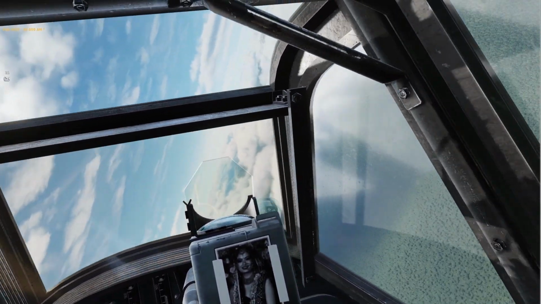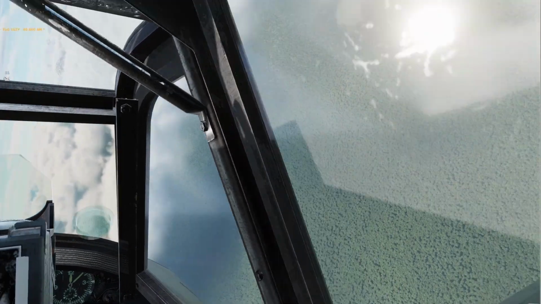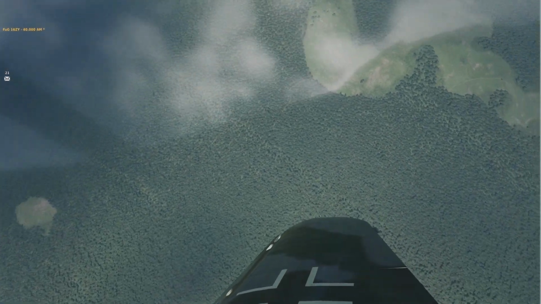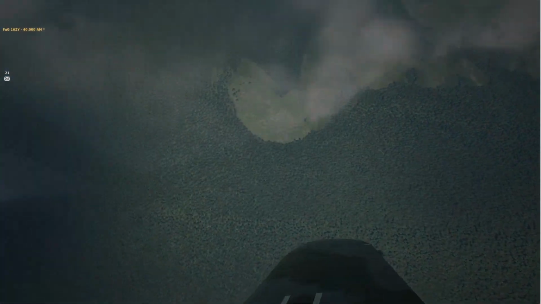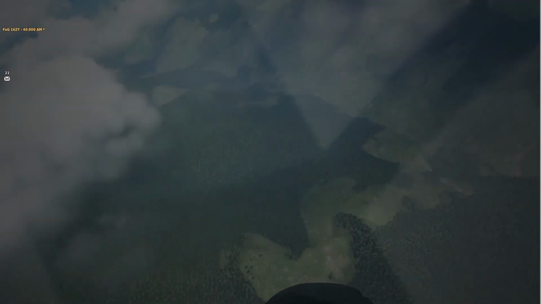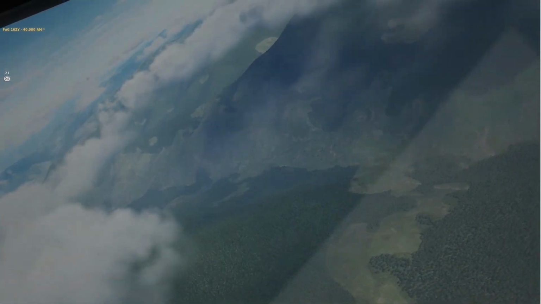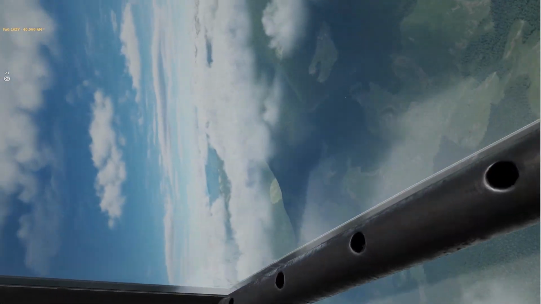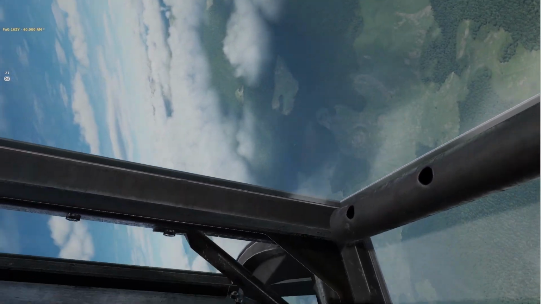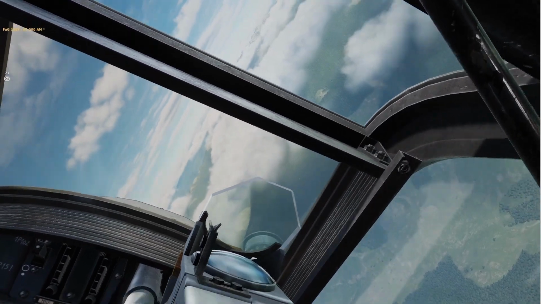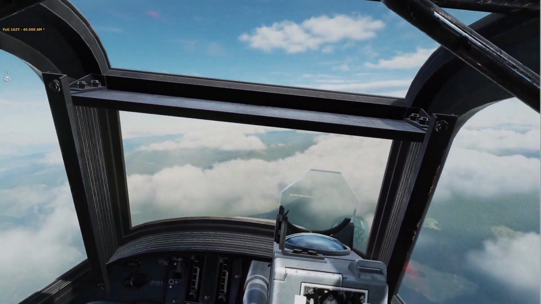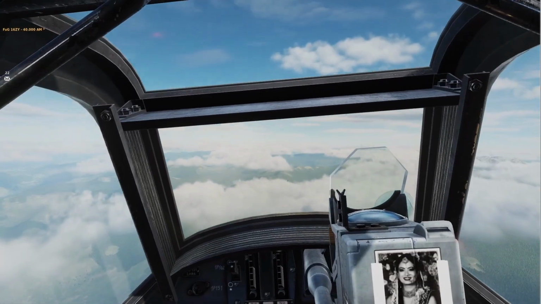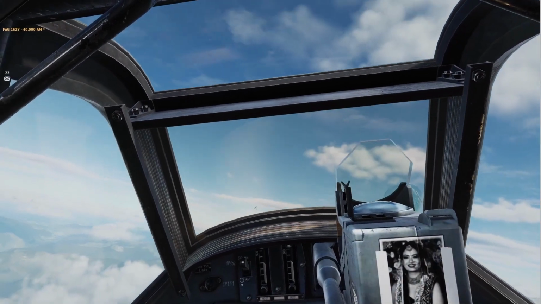Lines real quick. So he's diving down. But we stay up. We keep our energy. Might be a bit hard to see for you, but we still have visual. Down here he is, quite low now. And as he's trying to get back up toward us, we can close in to good range.